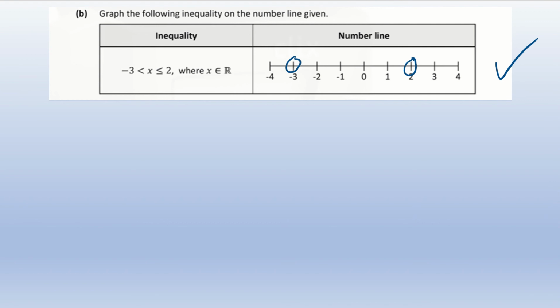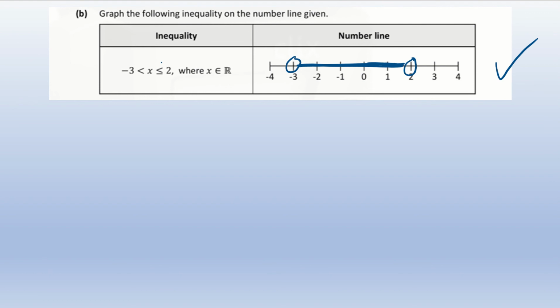In this case, it's our real numbers. If it was natural numbers or integers, we would need dots. And if it was natural numbers, it would just be the positive ones that we would have to color in. We wouldn't need anything here. So I'm going to draw a straight line between those.